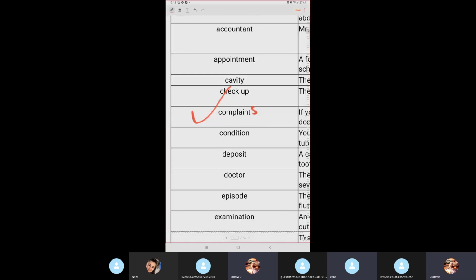Is it countable? It is countable, I think. You think it's uncountable? Yes, Dr. Narjinder, is complaint countable or uncountable?